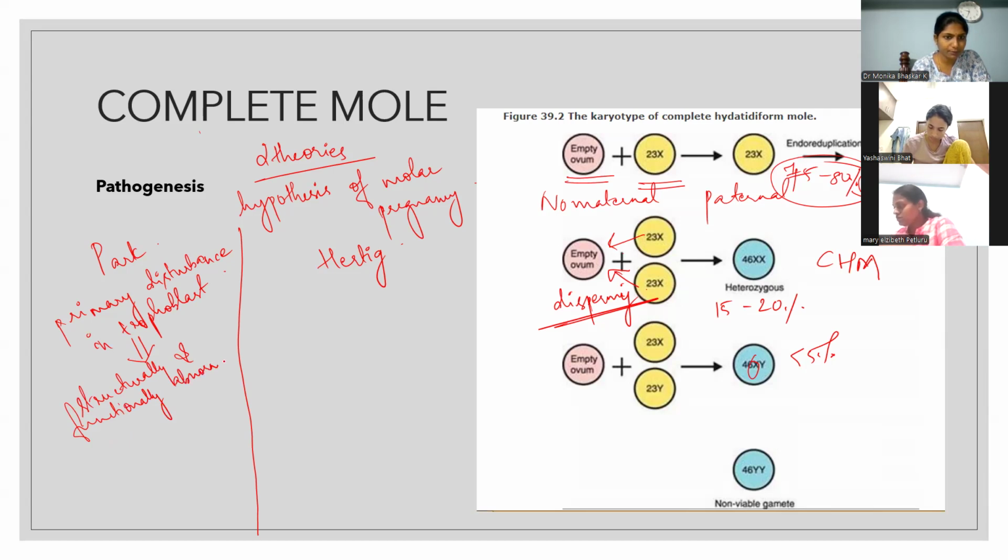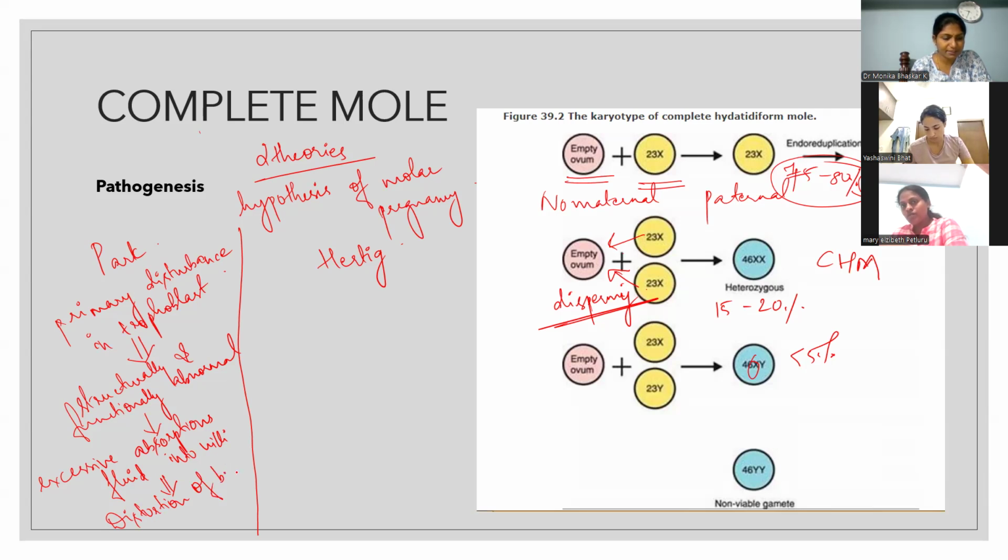Abnormal trophoblastic tissue causes excessive absorption of fluids into the trophoblastic villi. This fluid absorption causes distortion of the blood vessels in the placental tissue.